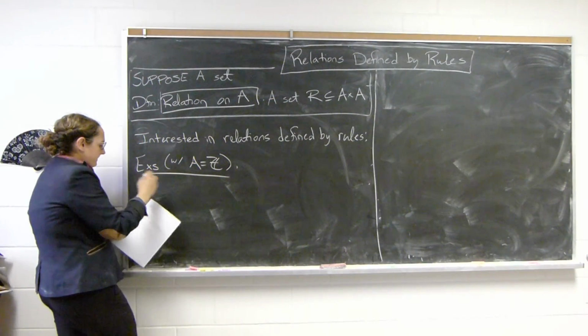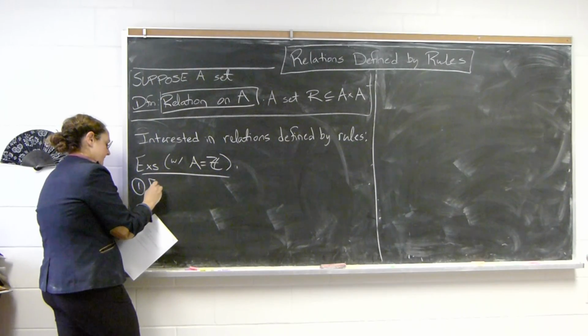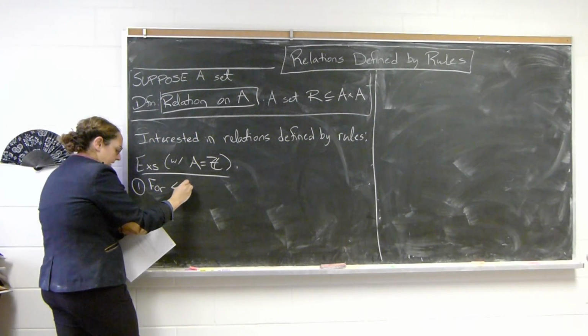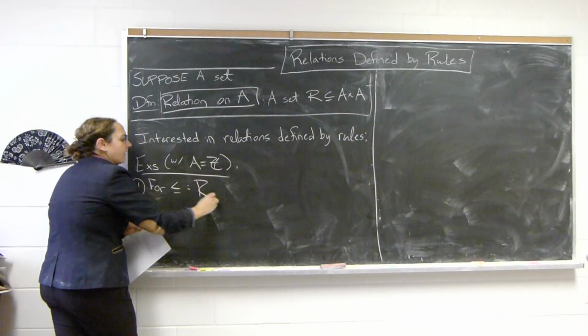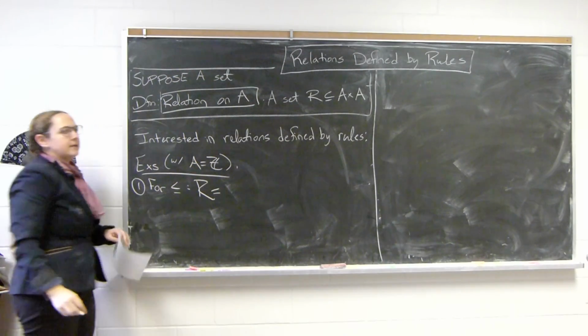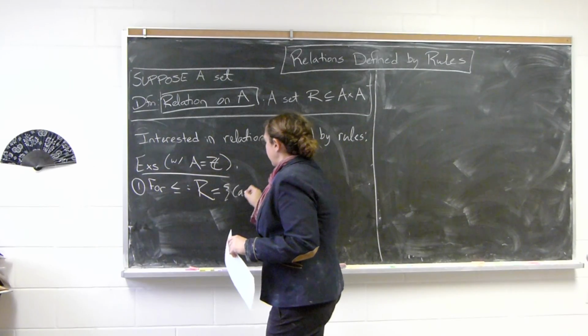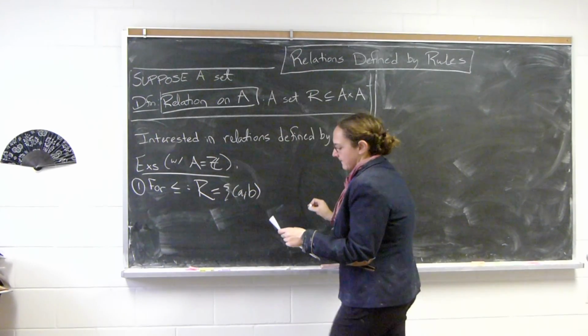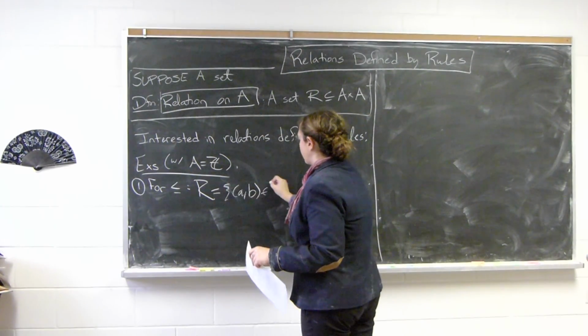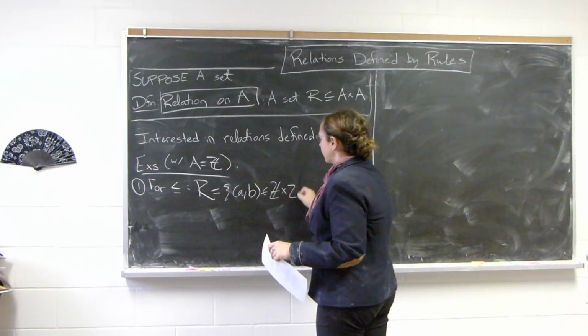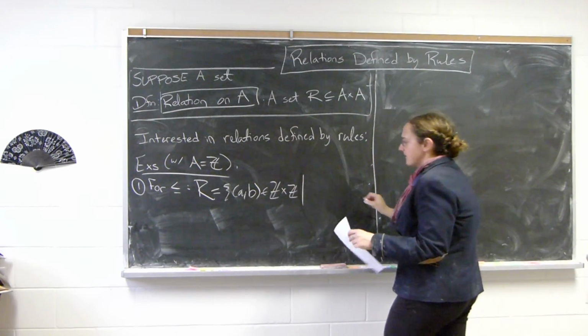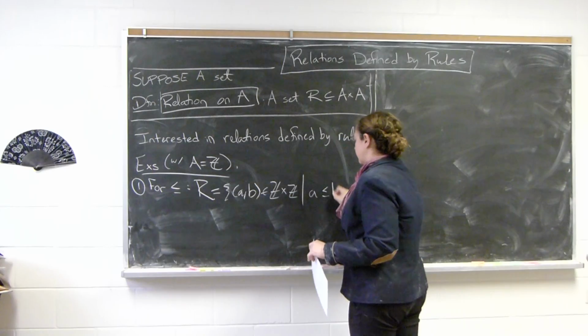So 1, for less than or equal to, then R, because now there's too many pairs to list all of them, we kind of need the rule. So the relation is the set of all (a, b) in the Cartesian product such that a is less than or equal to b.